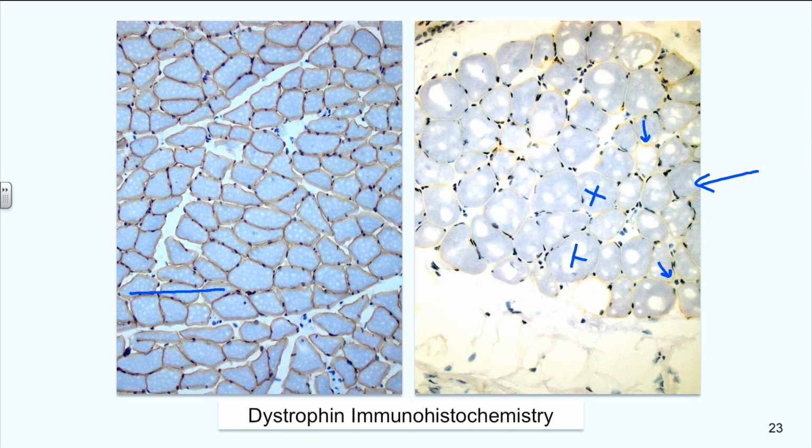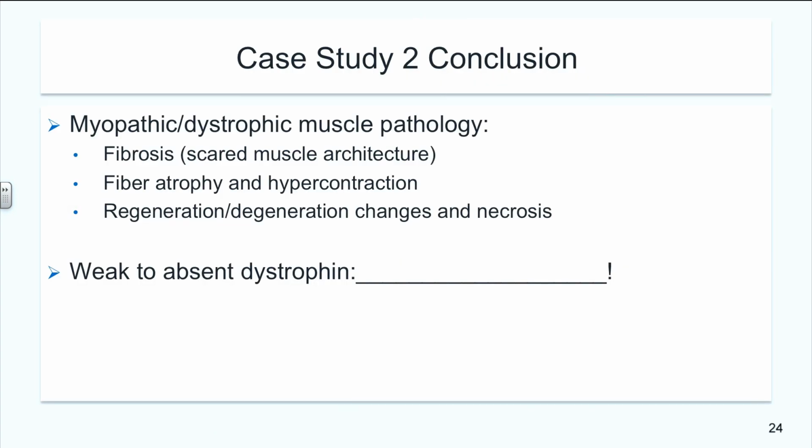This is what I was telling you about, that when the reaction is weak, it's very difficult to ascertain whether the residual protein is functional or not. What we can say is that dystrophin is not normal in this patient. However, I think the clinical presentation is very slowly progressive over many, many years, and there is still a little bit of muscle left in this patient.